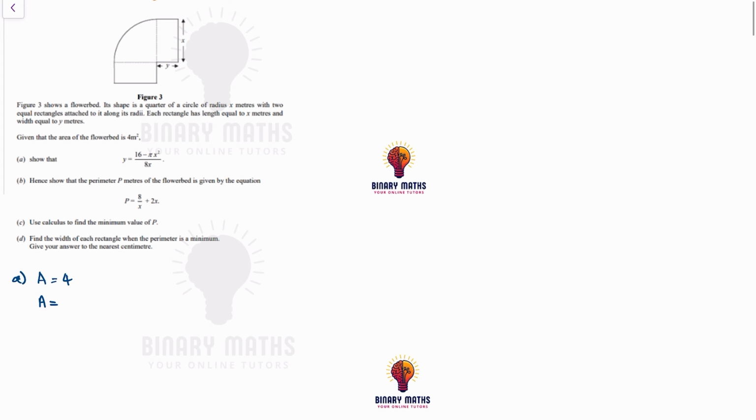So it's going to be xy here, xy here, and this is equal to a quarter of pi r squared, but the radius is x, so it's going to be a quarter pi x squared.